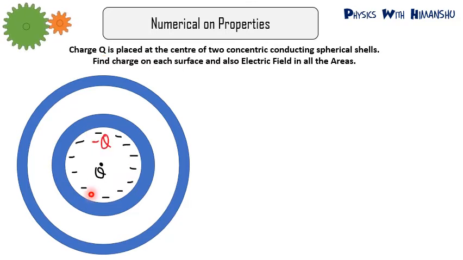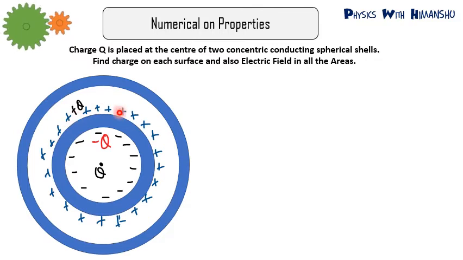Now this Q will attract minus Q on the inner side of the smaller spherical shell, and it will repel positive charge. So on the outer side of the shell there will be plus Q.